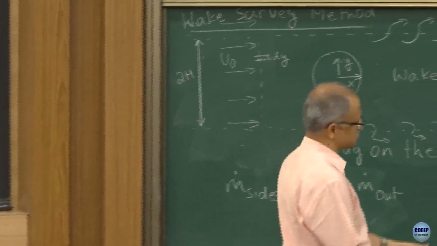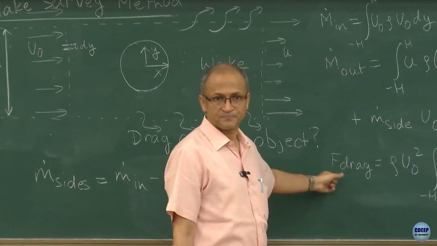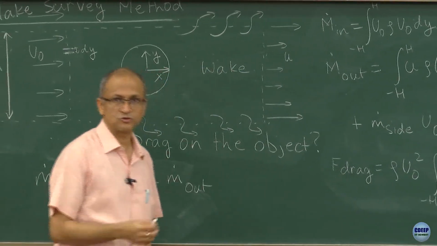I'm just taking this extreme example so that you can see that even with the same object, just oriented in a different way, the wake region becomes different and the velocity distribution becomes different. That is why the drag force you would find will be different in the two cases. Okay, so that's a very good question.